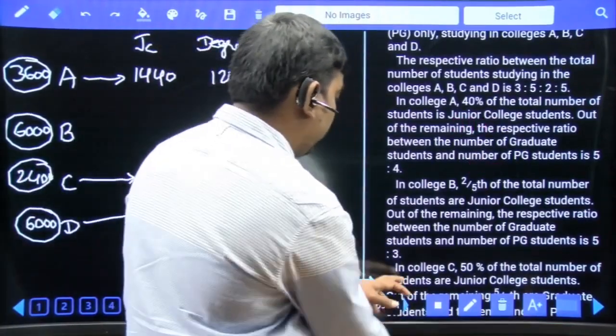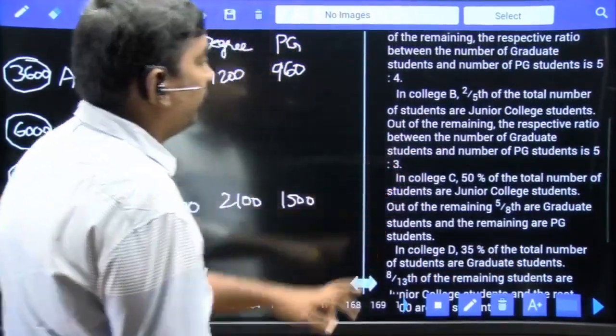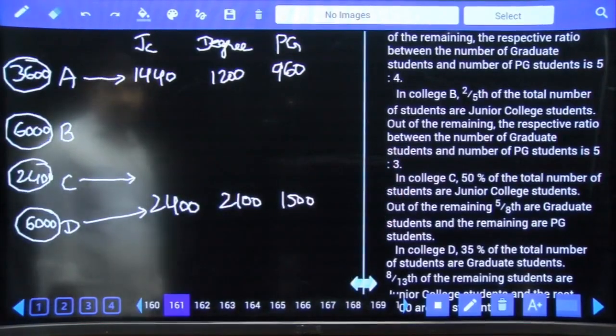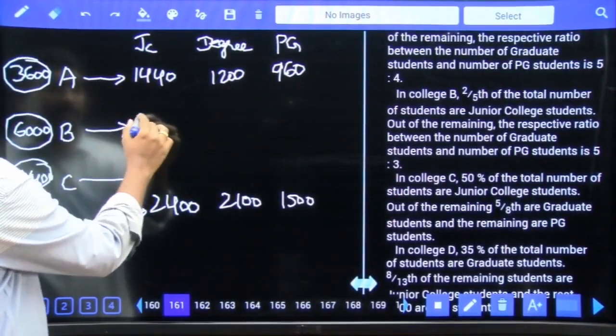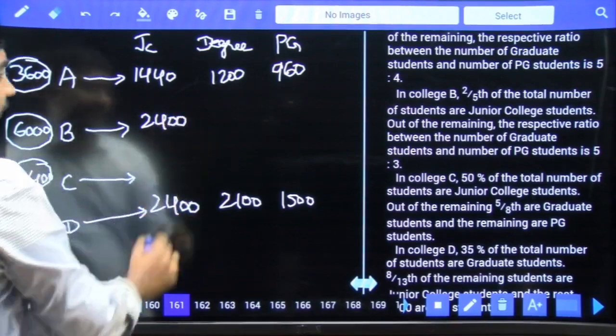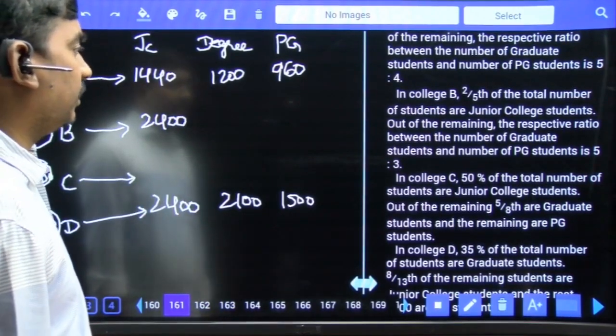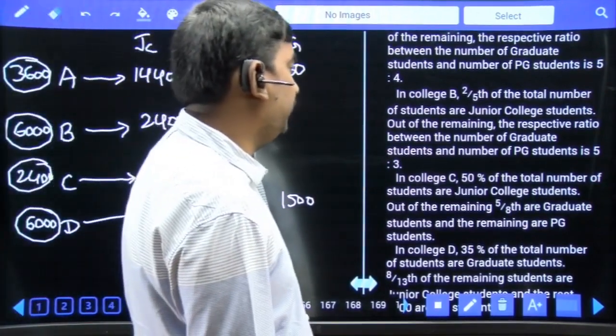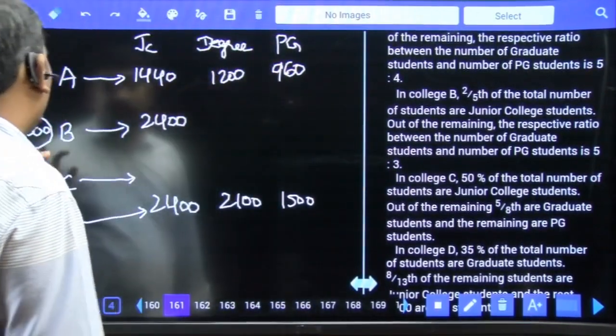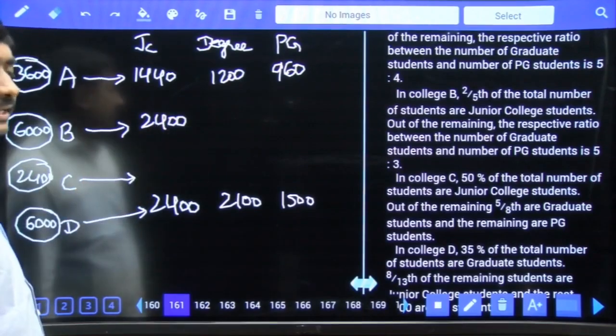That is college A. College B, 2/5 of the total number of students are junior college. 2 by 5 is 40%, which is 2400. The remaining 60%, the ratio between graduate and PG students is 5 : 3. Out of 6000, 2400 is over.